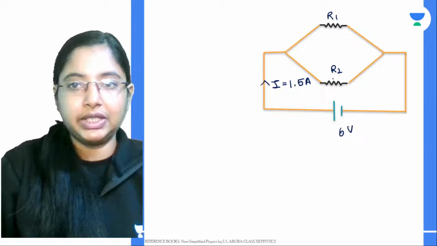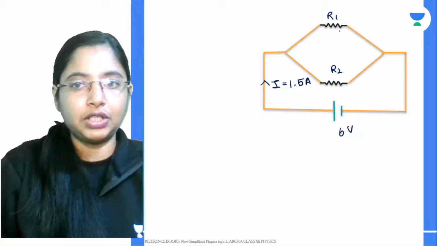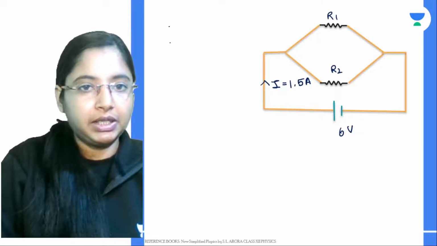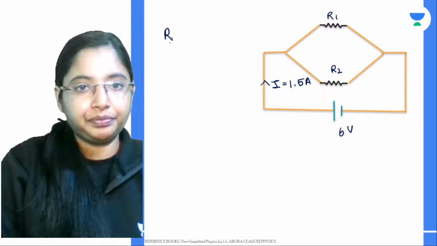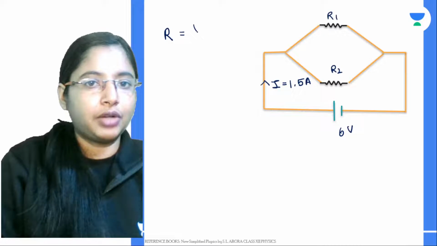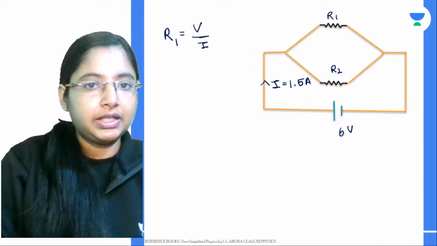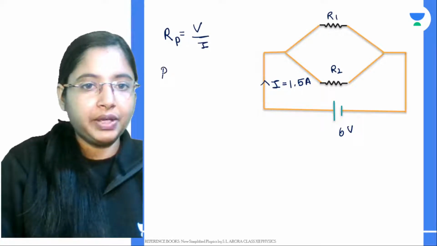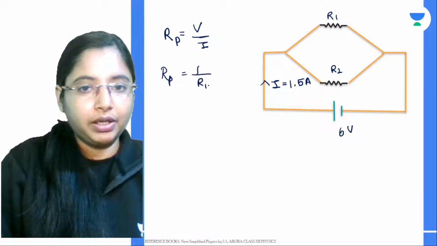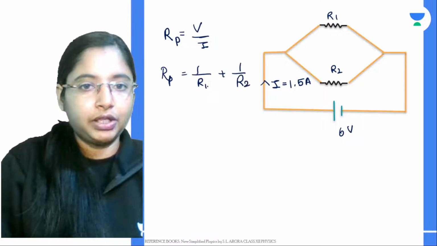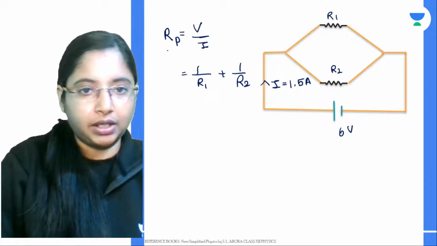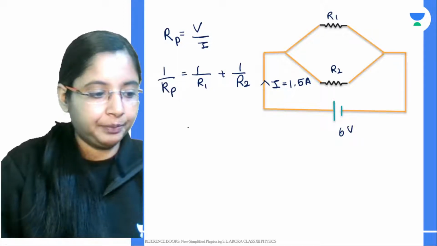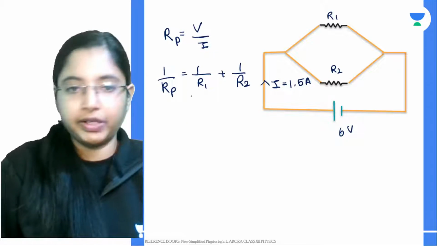Next, in the parallel combination, if we replace these two with one equivalent resistance, we again use V equals IR, so R will be V by I. For parallel, 1 by Rp is equal to 1 by R1 plus 1 by R2. This is the effective resistance of the parallel combination. Let's do a very simple simplification.